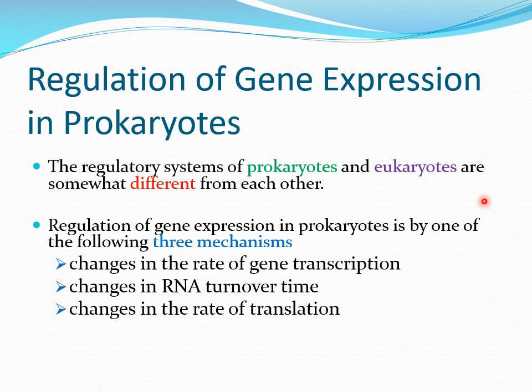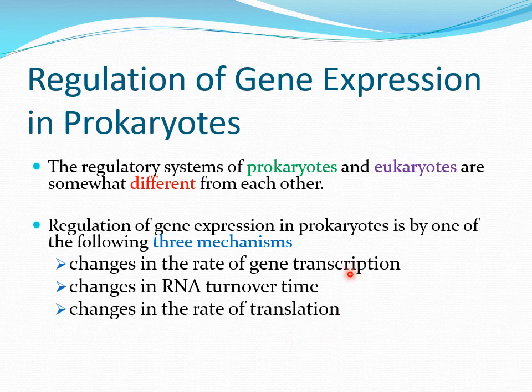So that again is simplified. The basic three mechanisms that may regulate gene expression in prokaryotes are the rate at which transcription takes place, the life cycle of the RNA, that is the RNA turnover time, for how long is that RNA maintained within the cytoplasm, and then the translation process.